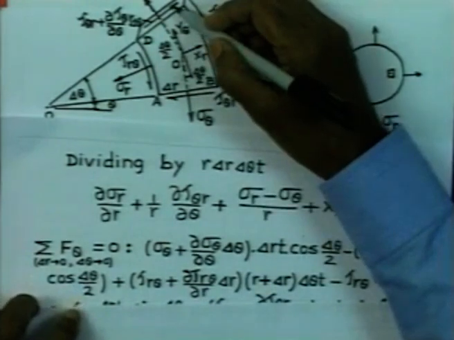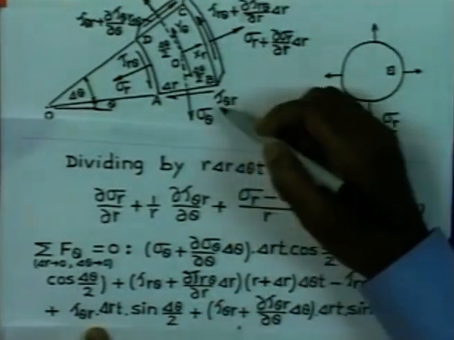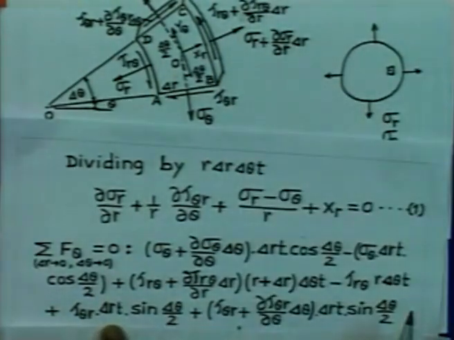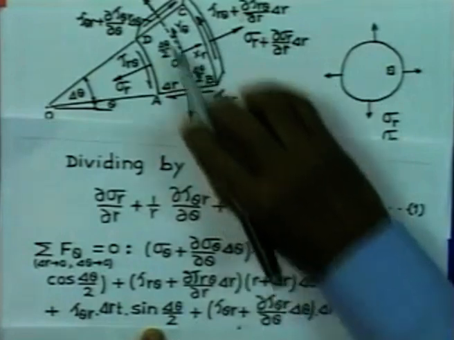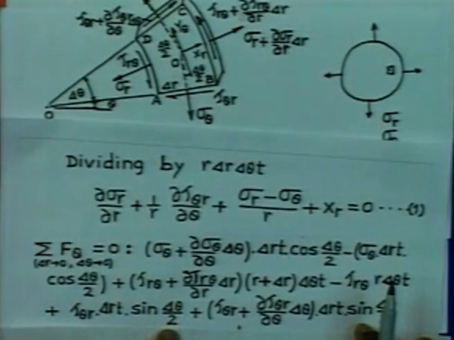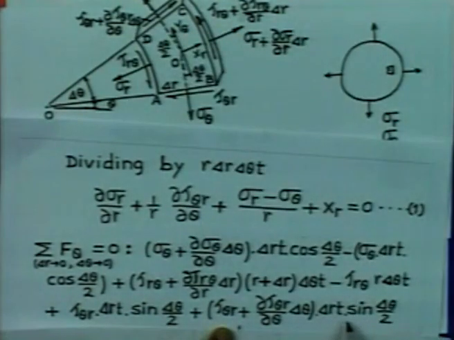Similarly, if we try to consider this component, which I have already told you earlier, this is going to give us tau theta r acting on an area delta r into t, and its sine component will give us the component in the positive theta direction. So, sine delta theta by 2 will be the component in the positive theta direction. Similarly, this one acting on an area delta r into t, its sine component will give us the component in the positive theta direction.